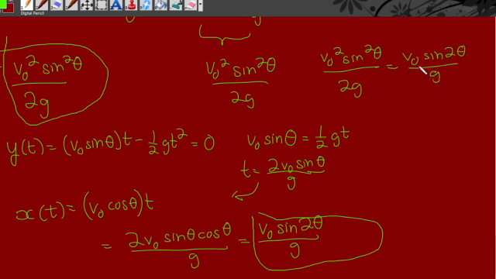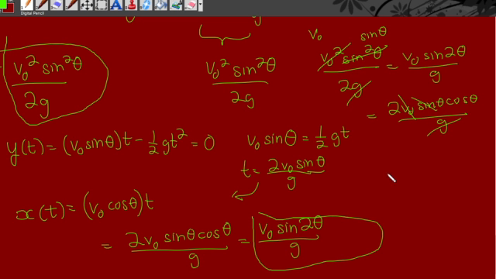I think it would actually be easier to change this back to this. So let's actually do that. So 2 v naught sine theta cosine theta over g. And so right away we can see that we can cancel out this v naught, and then this becomes v naught. We can cancel out 1 sine theta, and this becomes sine theta. And we can cancel out g. So this becomes 2.